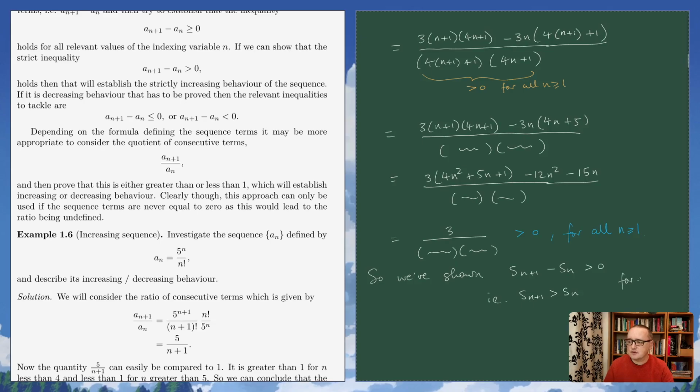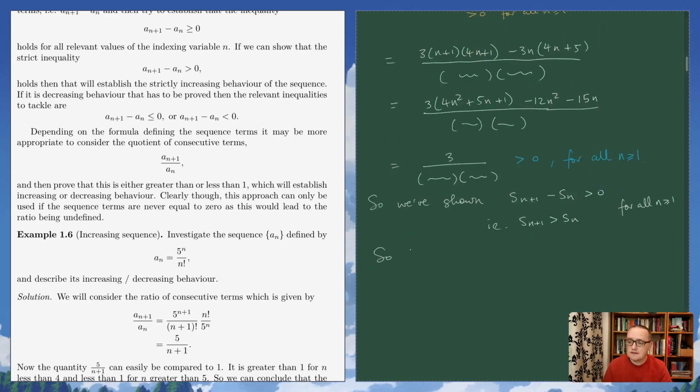And we've done this for all n bigger than or equal to 1. So that means this sequence is an increasing sequence. That's our conclusion: Sn from n equals 1 to infinity is an increasing sequence. We say a strictly increasing sequence, in fact. So it's a monotonic sequence and it's strictly increasing.